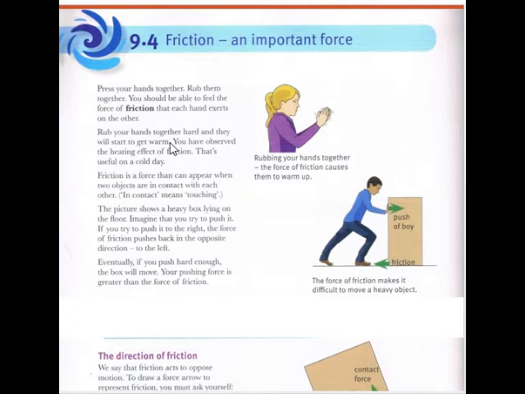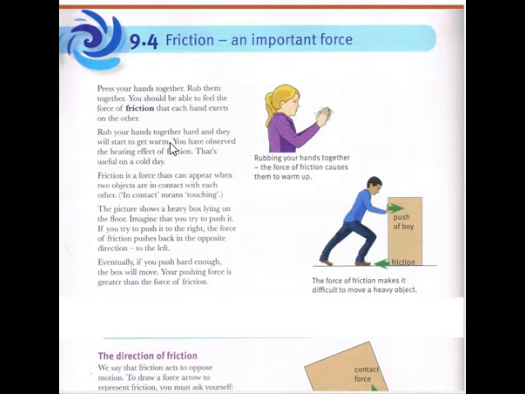You feel that your hands start to get warm, students. The warmth of your hands is observed as the heating effect of friction. It means when you rub your hands, there is friction between them.